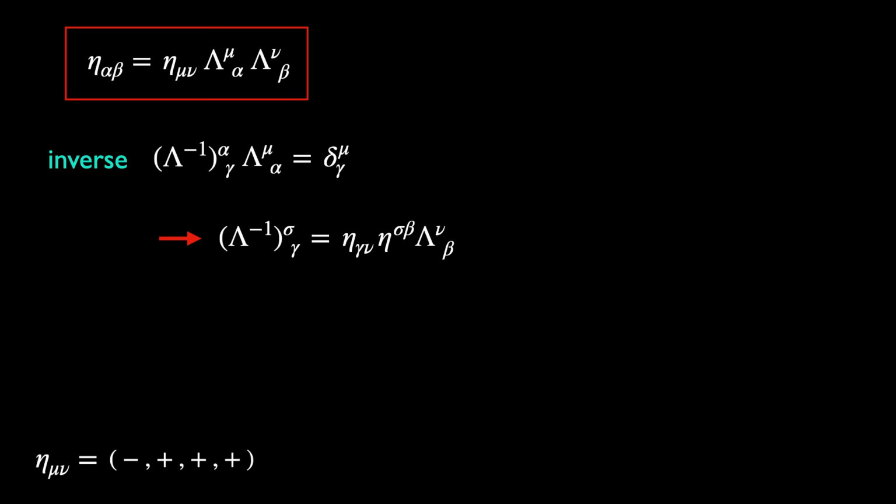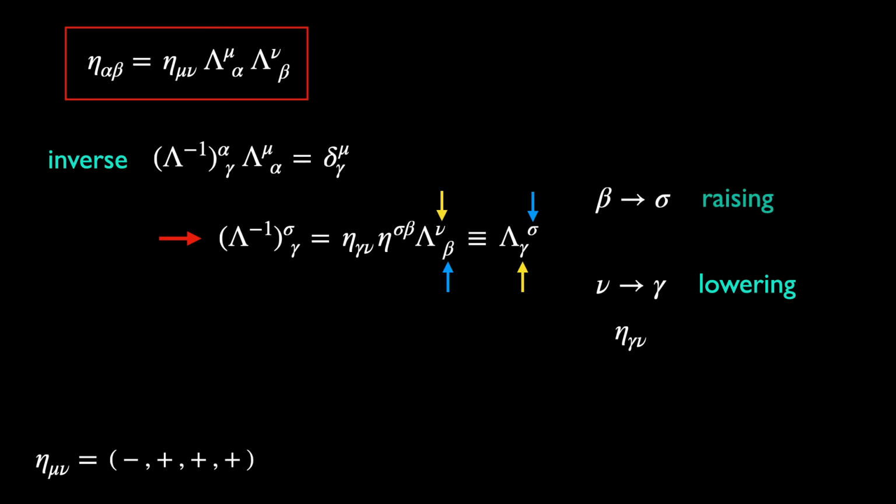Now we define the original lambda with the inner index raised and the outer index lowered, and then define another object in terms of this by lowering the upper index with eta and raising the lower index also by another eta, but which has two upper indices. Both etas are the same matrix. This new object is equal to the inverse of lambda.